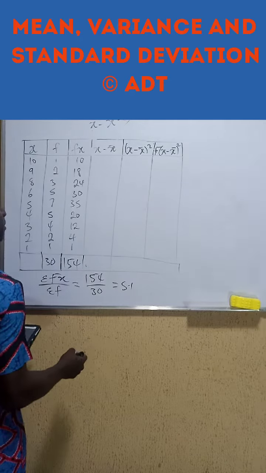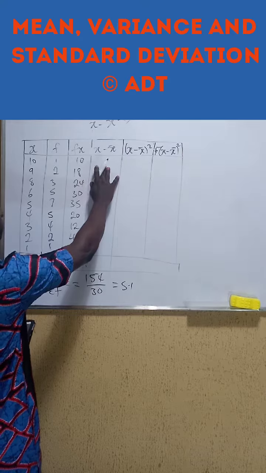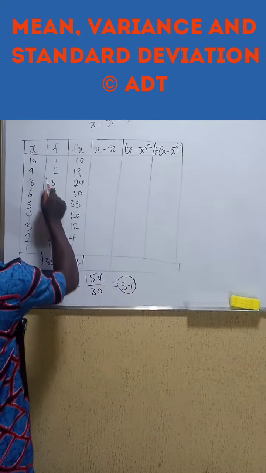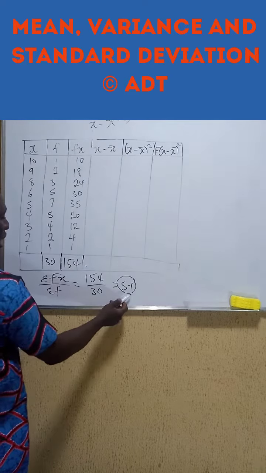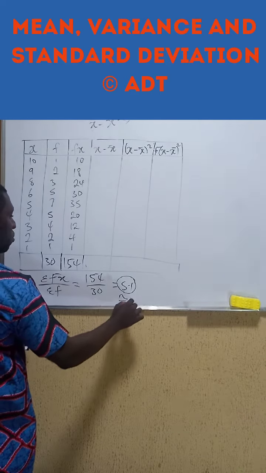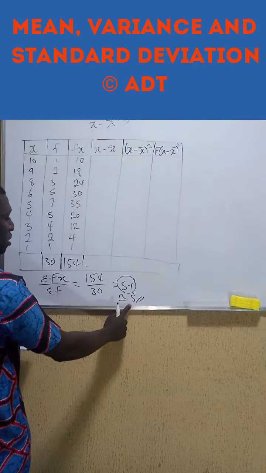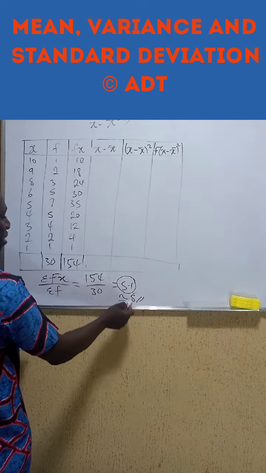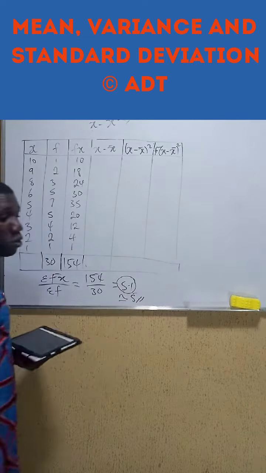In this column, we're going to start subtracting this number from this. We can approximate this to 5. Since it's 5.1, the 1 is not up to 5, so we express it as the nearest whole number, and that is 5.